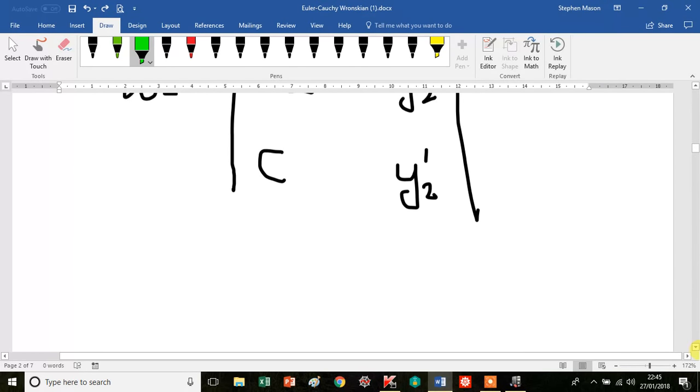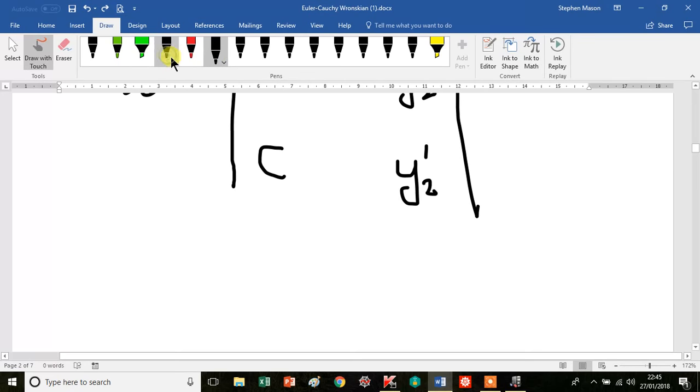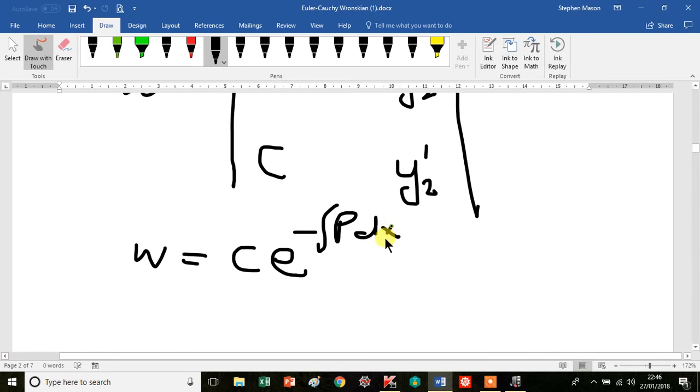Perhaps I'm taking the cart before the horse here, but I'm going to write down that W equals just some constant. This would normally be your W sub 0, e to the minus p dx.